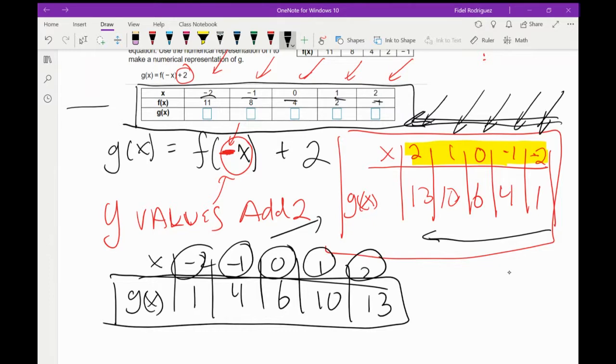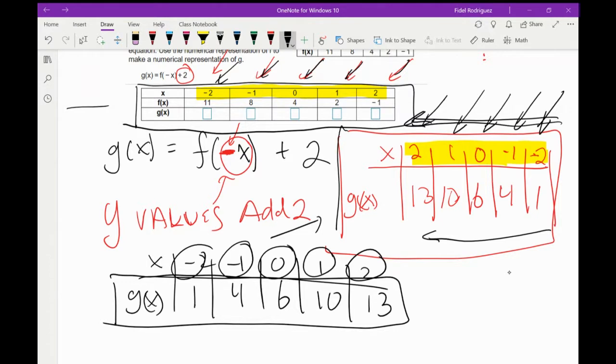The reason I'm doing that is because that's how they're written right there. Does that make sense? So if you notice right here, this was written with a -2, a -1, a 0, 1, and a 2.